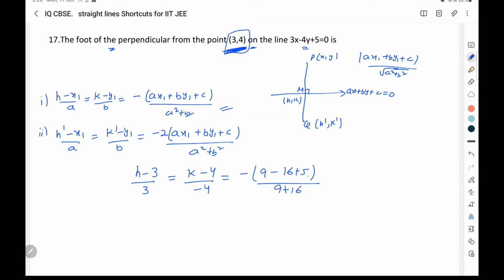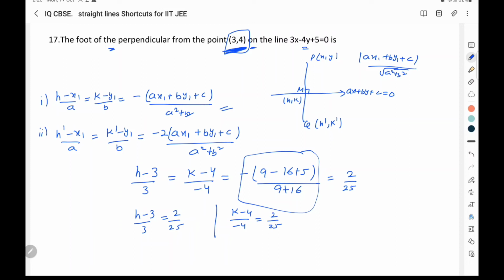This is 25 in the denominator; 9 minus 16 plus 5 is minus 2, minus and minus gives plus 2 by 25. So h minus 3 by 3 is equal to 2 by 25, and also k minus 4 by minus 4 is equal to 2 by 25.